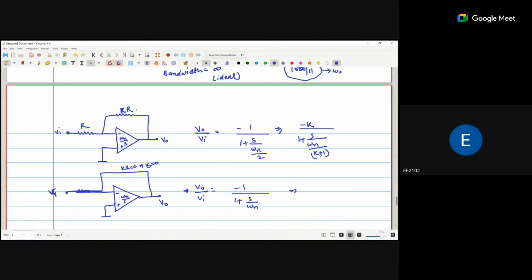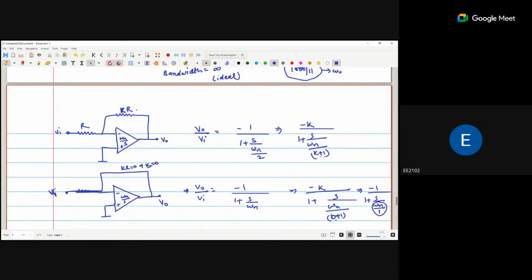So the particular relation is minus K upon 1 plus s upon omega n divided by 0 plus 1. So that is minus 1 upon 1 plus s upon omega n divided by 1.